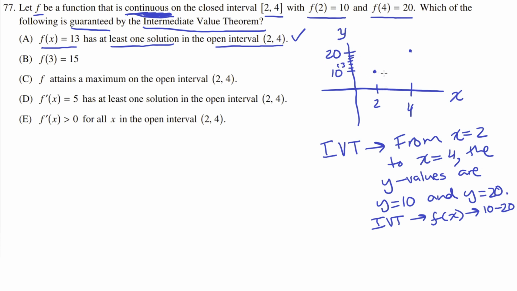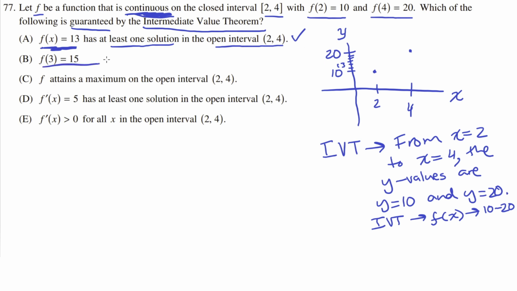That's true because when we go from 2 to 4, our y values go from 10 to 20, which means we also have to go through a y value of 13. So there is some x in here that has a y value of 13. So the equation f(x) = 13, where f(x) we will just write as y because that's what we made it in this case, does have one solution. So A is true, but let's check the rest.